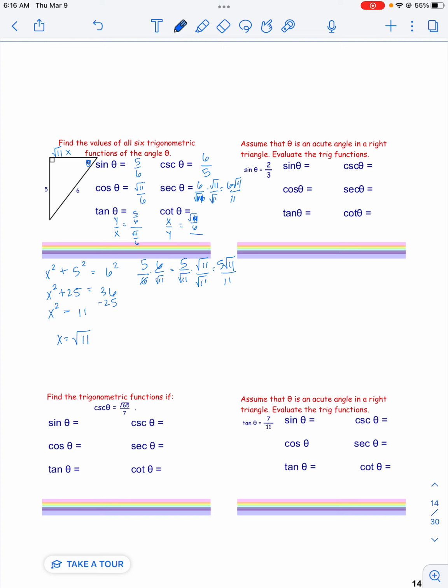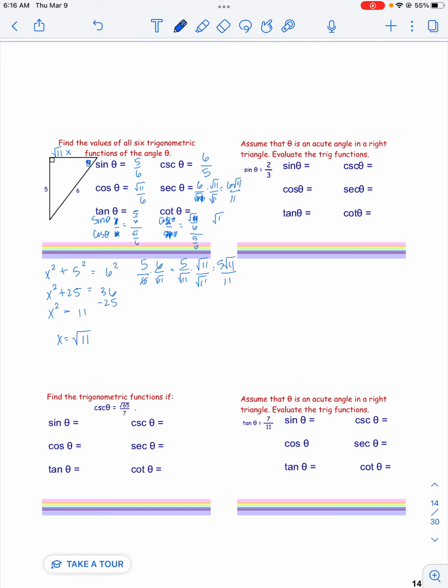I'm realizing my mistake here. This should have said the sine of theta over the cosine of theta, not just y over x. That works in the unit circle, but here I have to take both the opposite and the hypotenuse. So back here, not thinking about it in terms of the cosine of theta and the sine of theta, the sine of theta here is 5 over 6.